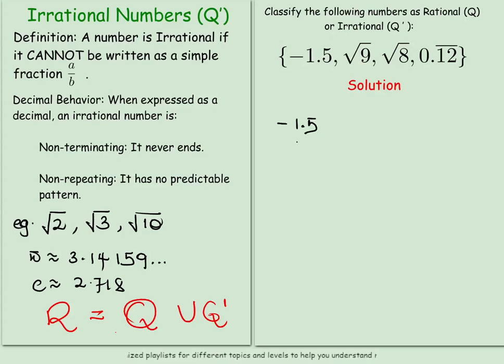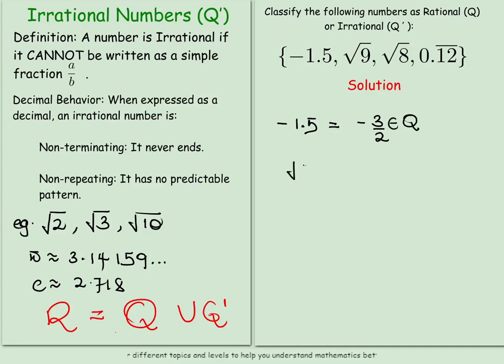Is it a rational number? We said rational numbers are those that can be written as what? Simple fractions. Now this negative 1.5, you can rewrite it as negative 3 over 2. And this is a rational number. So we put it under rational.